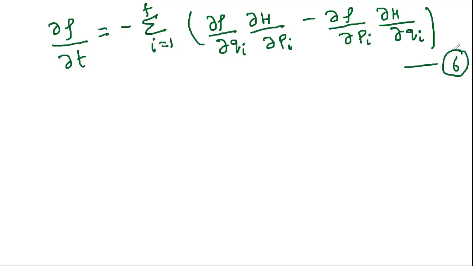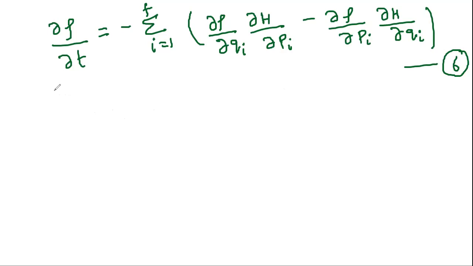Then we used the definition of the Poisson bracket of two functions, and we wrote another equation. Let me use this color now. What was that equation?